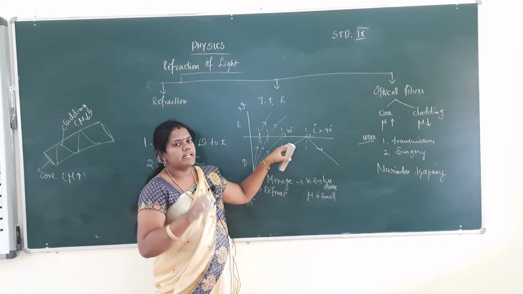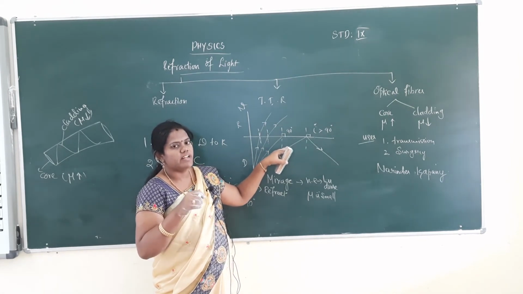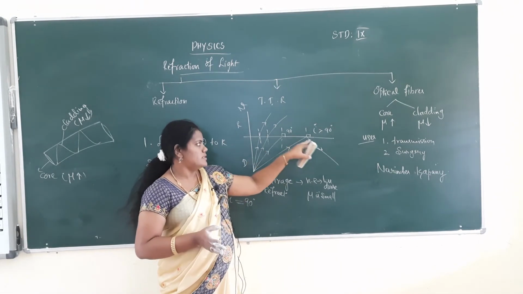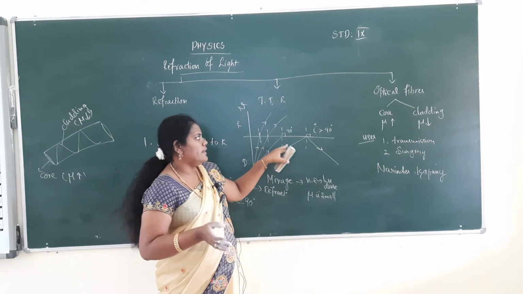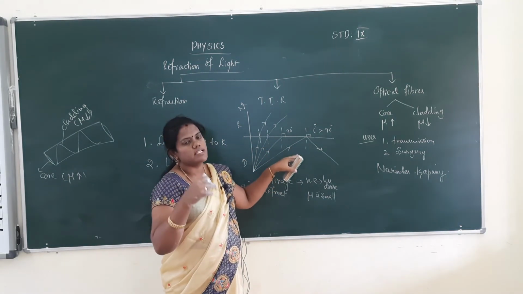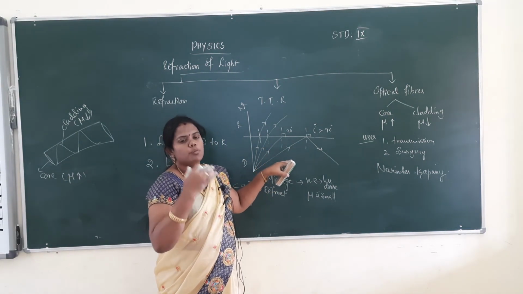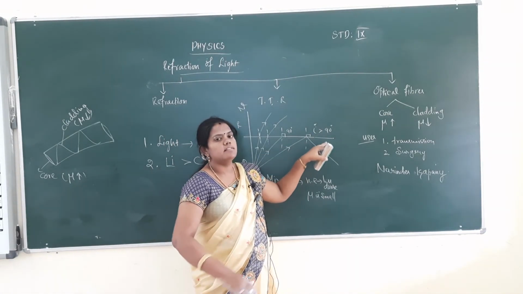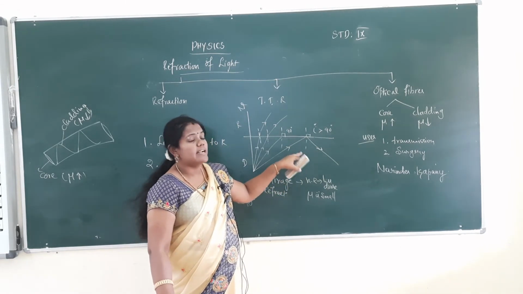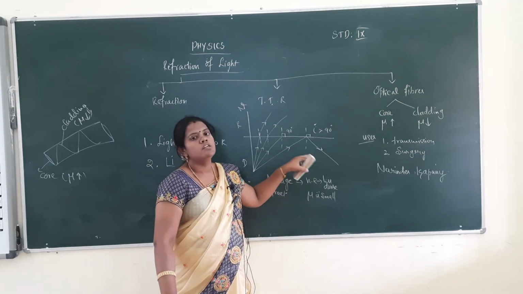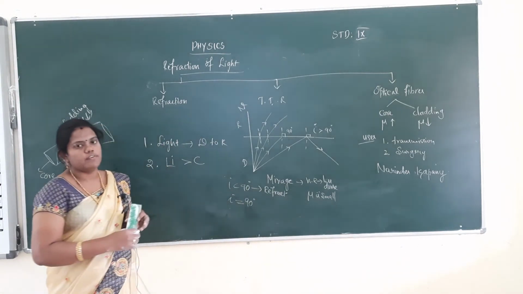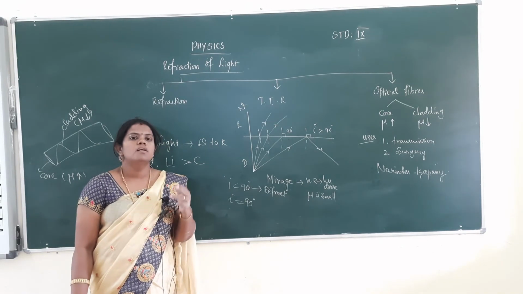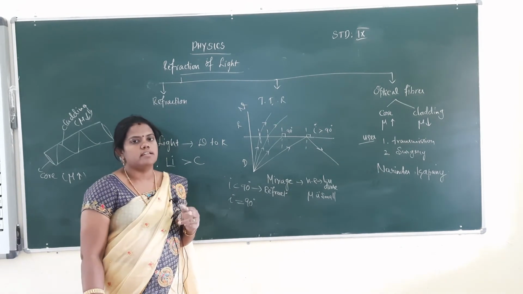At the critical angle, the refracted light travels along the boundary. When the angle of incidence is greater than the critical angle, refraction does not occur at this angle, only reflection is possible, and that reflection is called total internal reflection. So the conditions for total internal reflection: first, the light must travel from denser to rarer medium, and second, the angle of incidence must be greater than the critical angle.